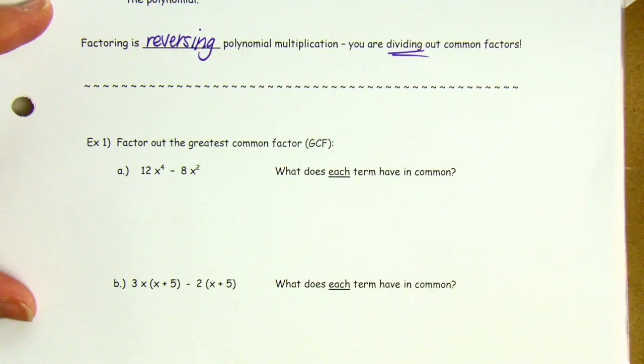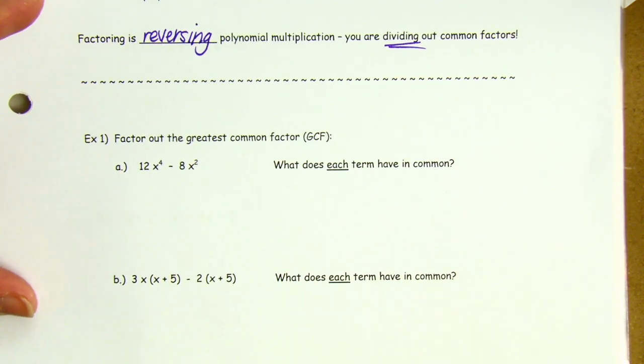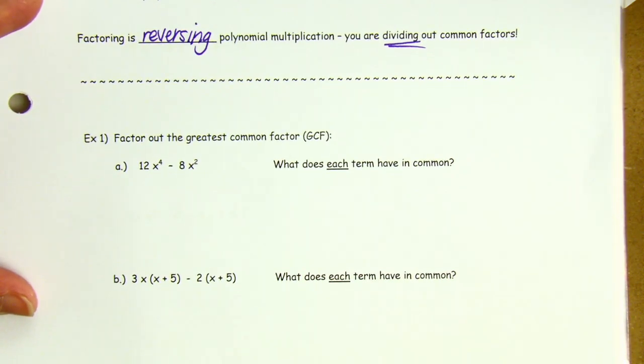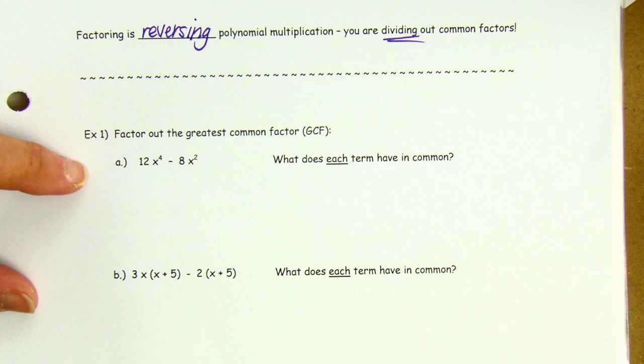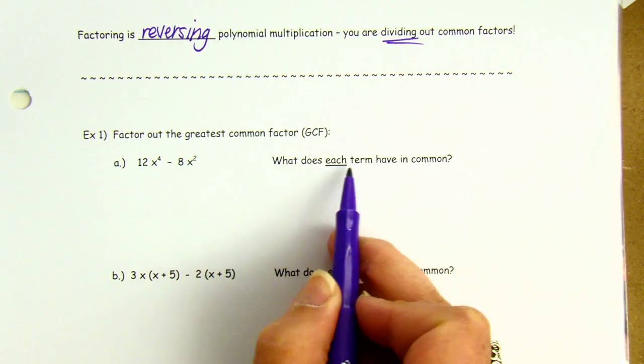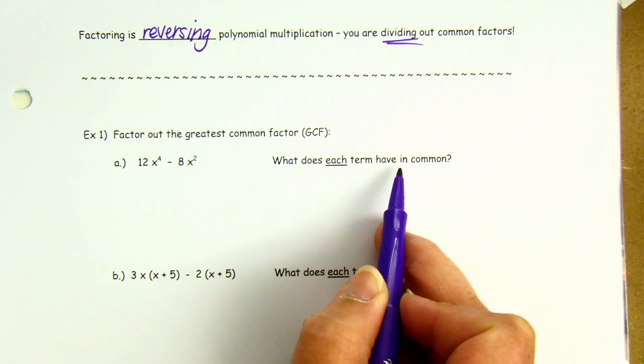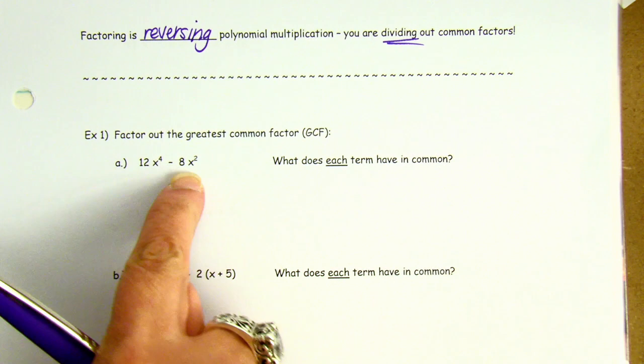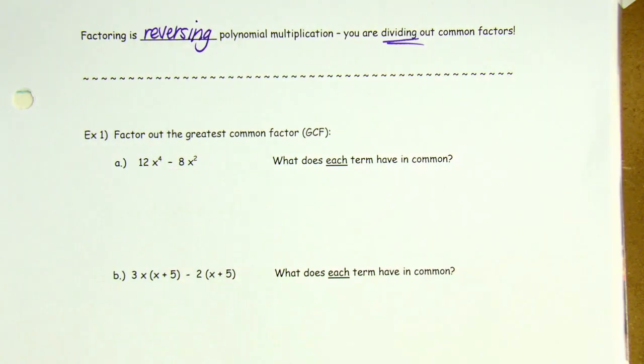Now, when you factor out the greatest common factor, you must write your answer as a product of terms. So we look at this and we say, what does each term have in common? Well, I look and I see two terms. Remember, terms are separated by addition and subtraction. And I'm going to look at the numeric part, the integer part, 12 and 8.